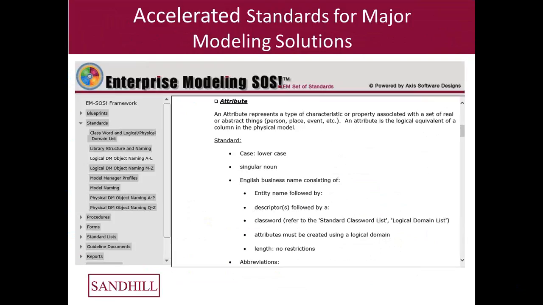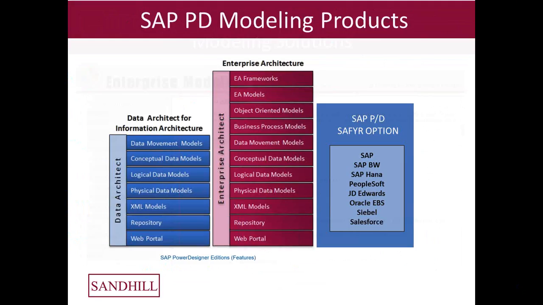So we'll be able to help organizations identify and develop their standards and best practices, procedures, forms, life cycles, guiding documents and reports, so they can use that in the tool set of PowerDesigner to get a jump start from where they're going. Again, if there's more interest in that, you can come up to us on that. So Jeff, go to the next slide.